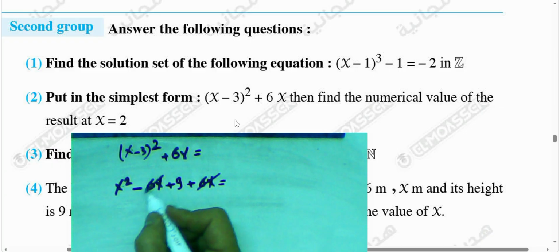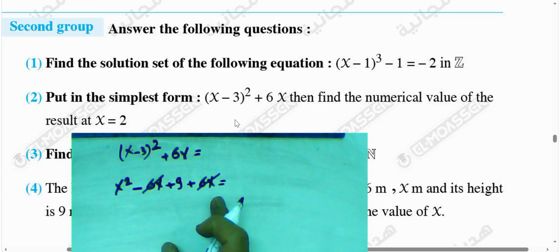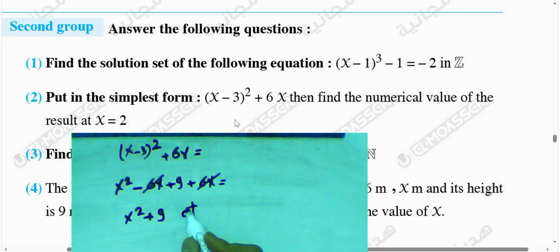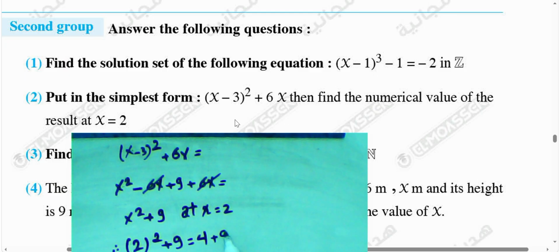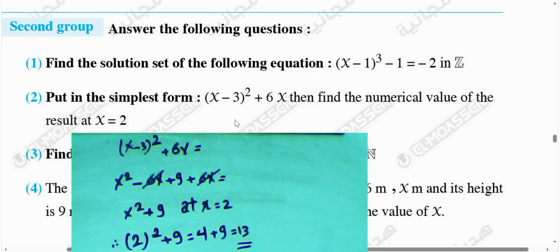We have the additive inverse of 6x, and the result will be x power 2 plus 9. Then at x equals 2, 2 power 2 plus 9 is 4 plus 9, which is 13. The answer will be 13 at x equals 2.